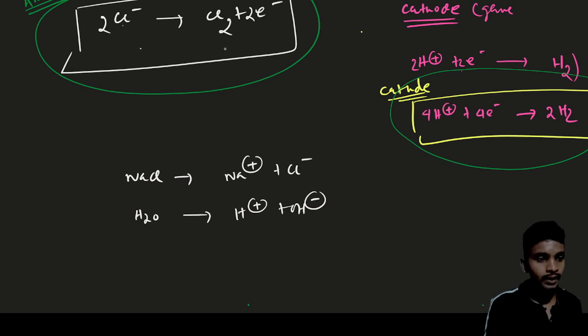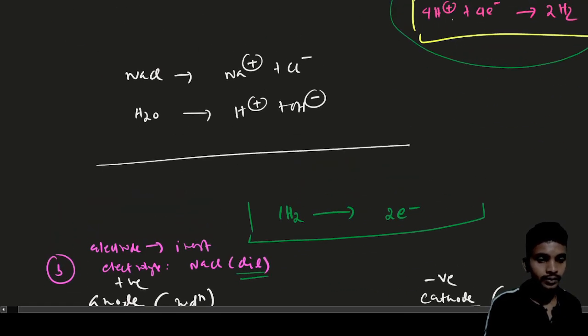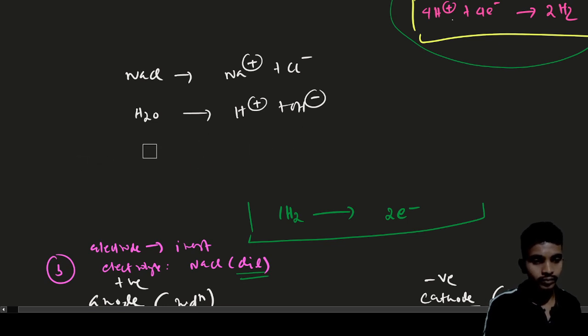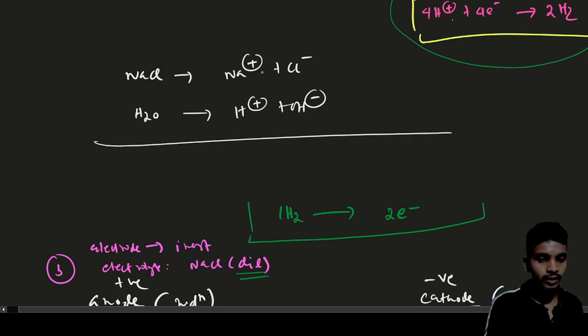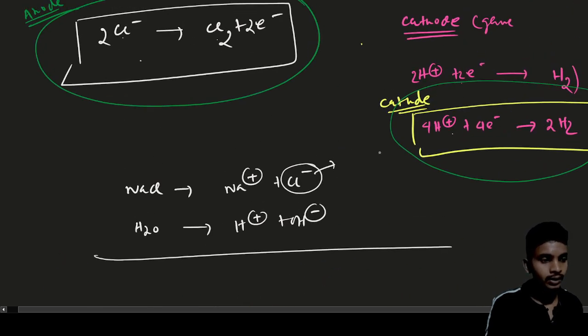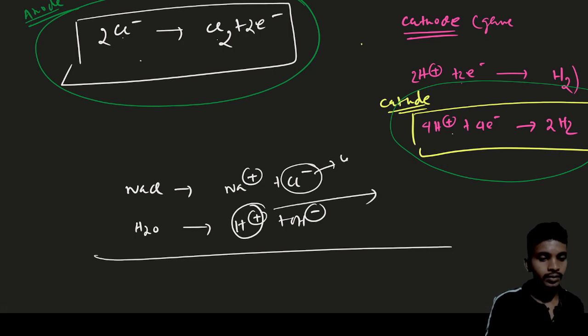It means overall Cl- and H+ are being used, and NaOH is not being used. So in these reactions, overall what we are preparing: Cl- is used here, and H+ is used, and this is also used. So the remaining NaOH is not doing any reaction, so NaOH will be synthesized, because this is left in the solution.